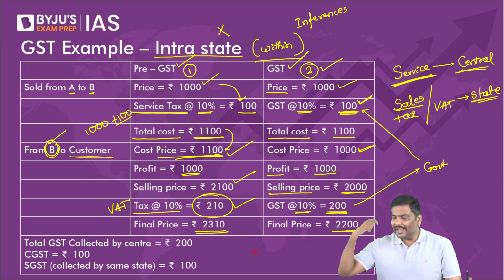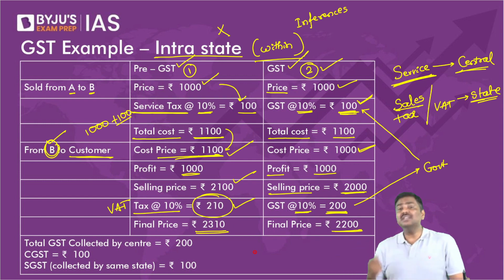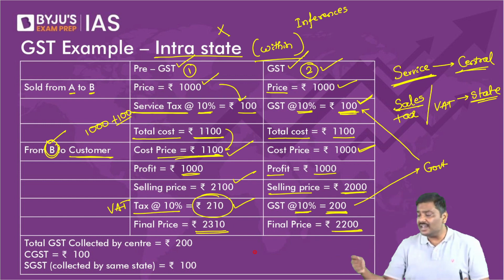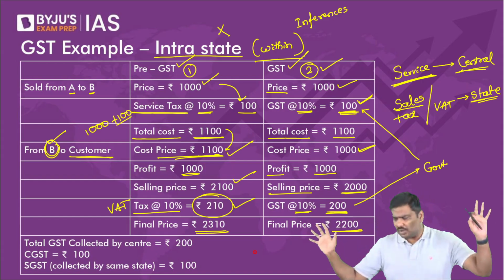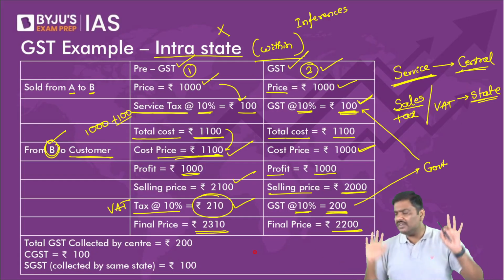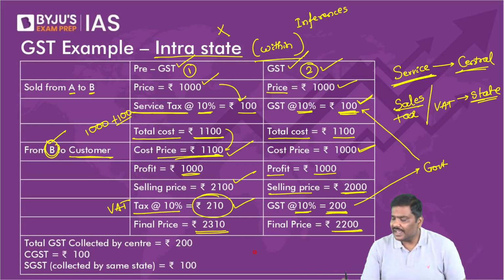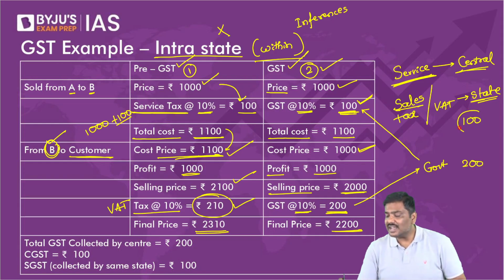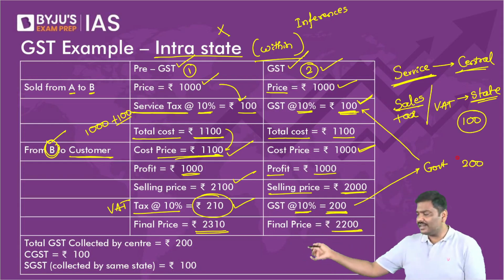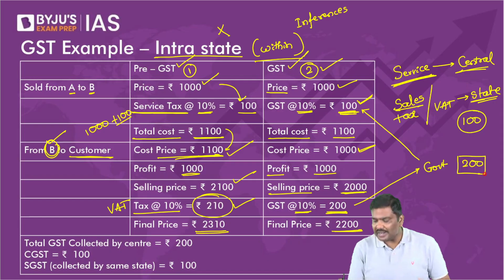Government, totally, don't worry. I'll tell you how the division will be done. Step 1, government will collect 100. Step 2, government will collect 200. But this is input tax credit. So total taxes collected in the second step is 200 rupee.